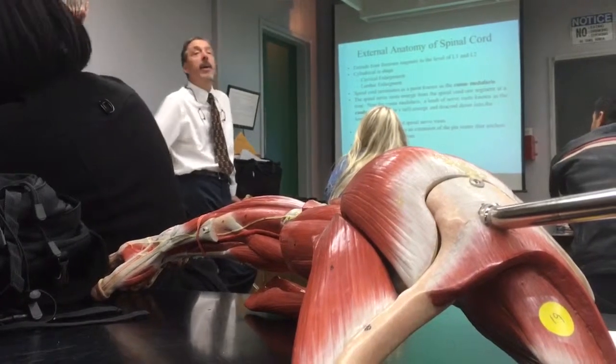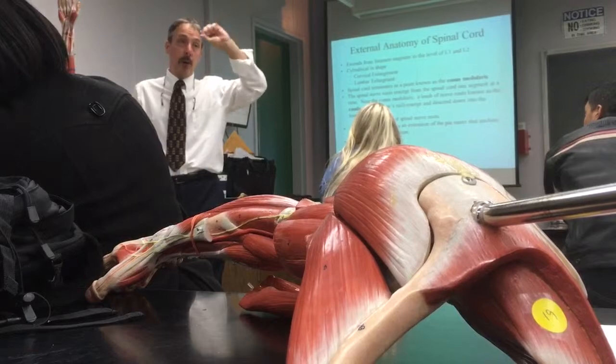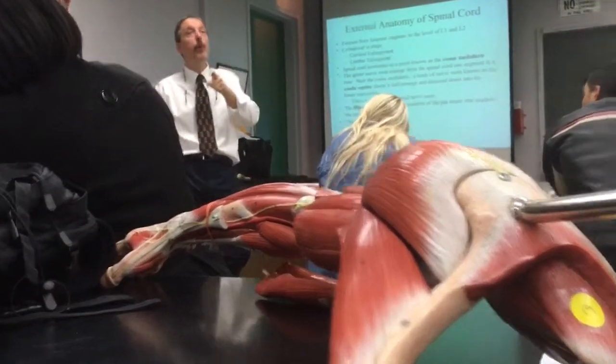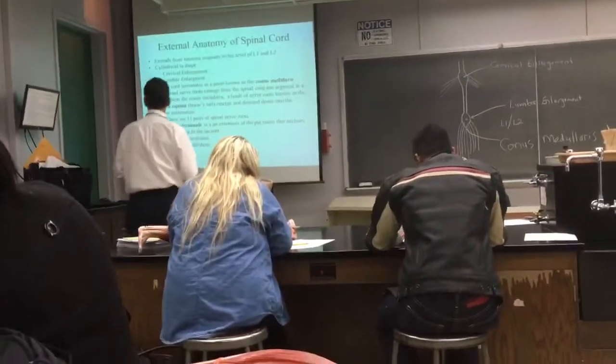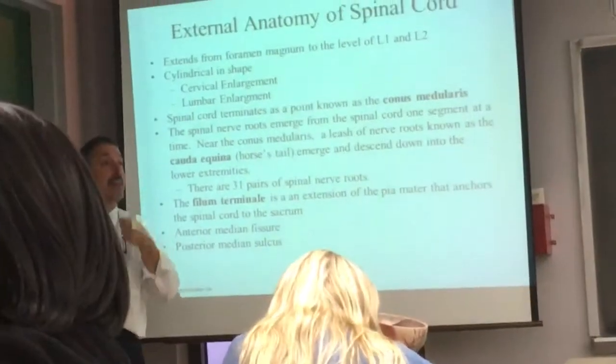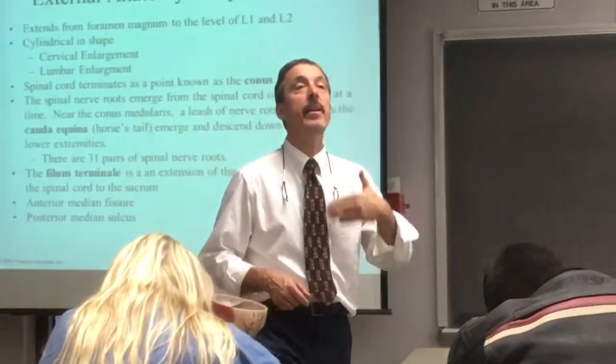Center, midline, right? A fissure, when we looked at bones, was like a slit-like opening. A fissure in the nervous system is a deep groove. So on the front of the spinal cord, guys, there is a deep groove that runs right down the middle. We call it the anterior median fissure.